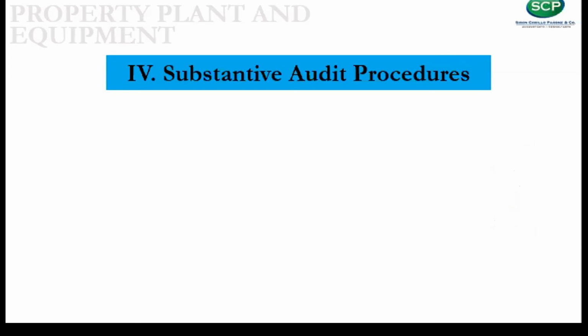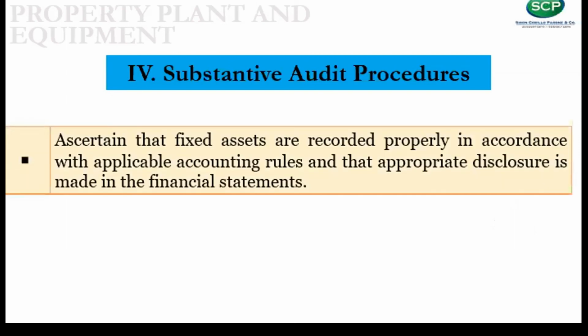The last but certainly not the least substantive audit procedure we will discuss is to ascertain that fixed assets are recorded properly following applicable accounting rules and that appropriate disclosure is made in the financial statements. The accounting standards require numerous information about property, plant, and equipment to be disclosed in the financial statements.